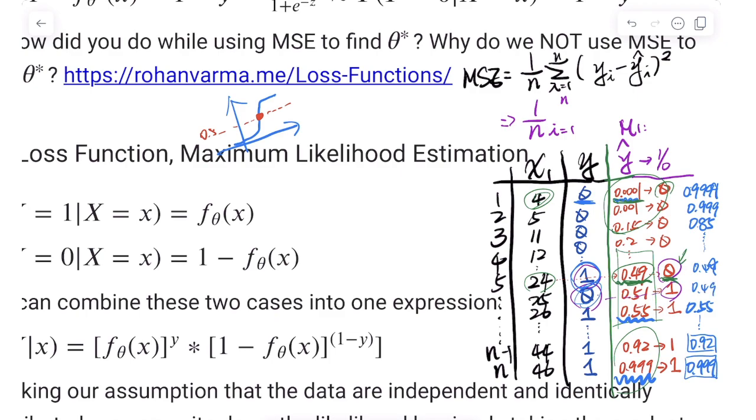So the other way to evaluate how good this model 1 is, you simply multiply all these blue values. If y equals 1, the value is your y-hat.